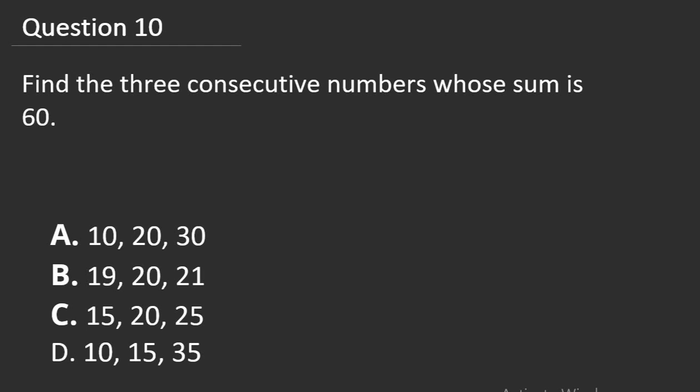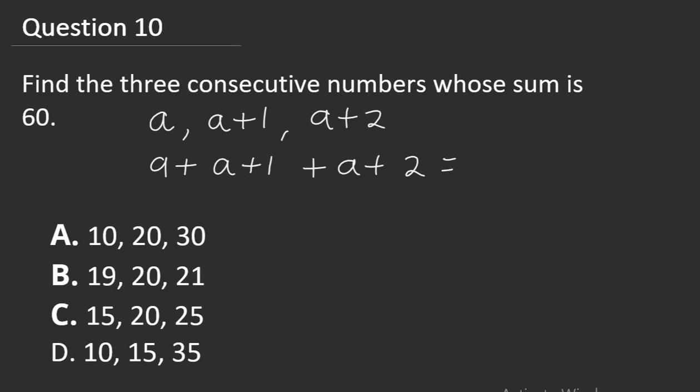I said I'm going to do this with you as we count down to your exam in February and March. Find the 3 consecutive numbers whose sum is 60. Consecutive means one after the other. If the first is A, the second will be A plus 1, the third will be A plus 2. The sum of this, that's A plus A plus 1 plus A plus 2, is 60.